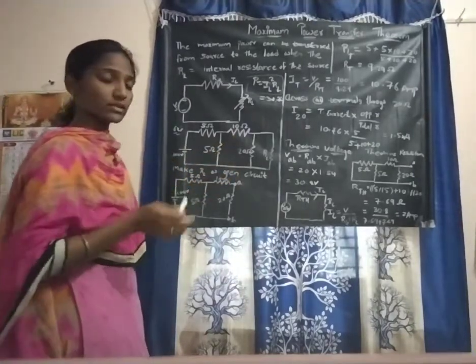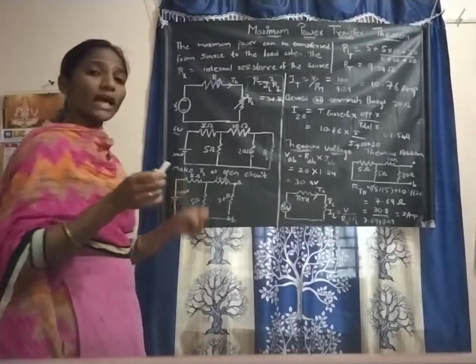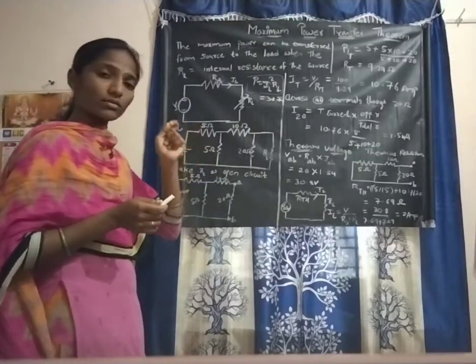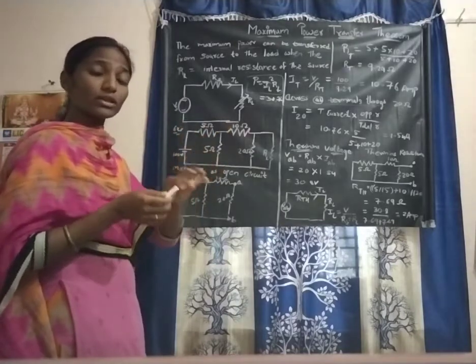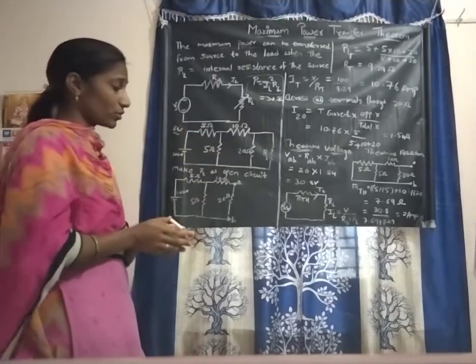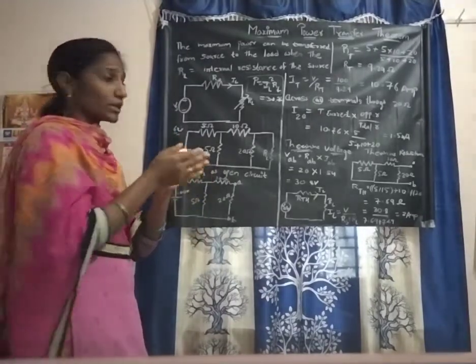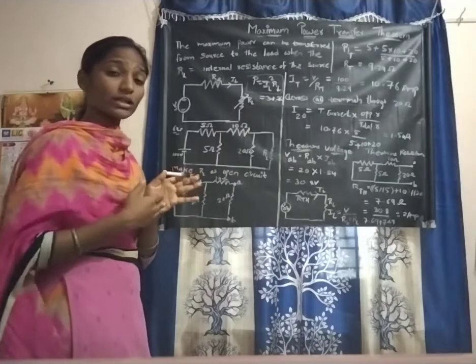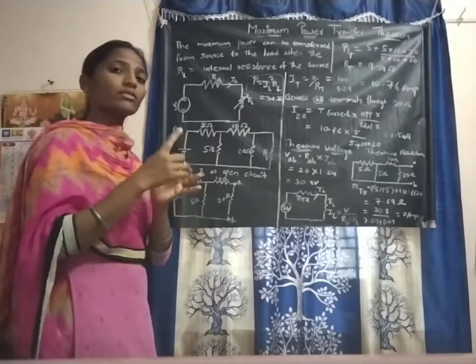20 ohms. Now, before calculating the power transmitted from the source to the load, we need to convert this complex circuit into a Thevenin equivalent circuit by calculating the Thevenin voltage and Thevenin resistance.